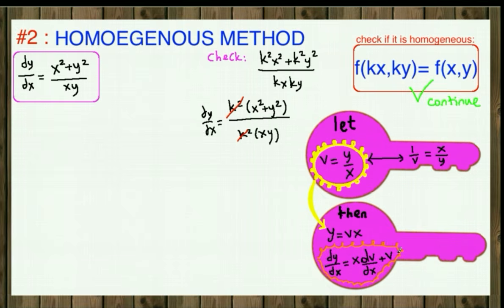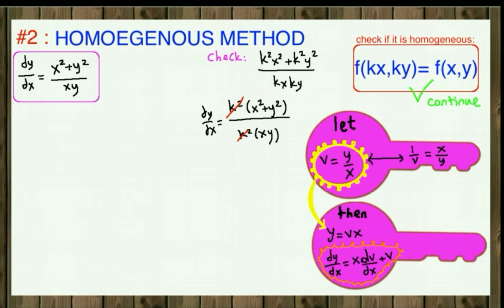So using the product rule, what you're going to get is dy dx equals x times dv dx plus v, from the y equals v times x equation. Those are the key components that we're going to use in the homogeneous method. So you need to be very fluent on these keys because you're going to use this again and again.